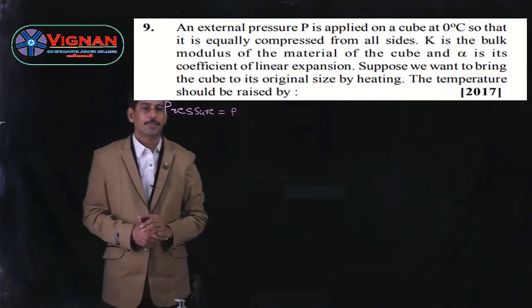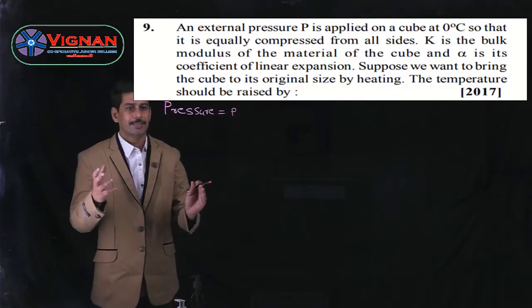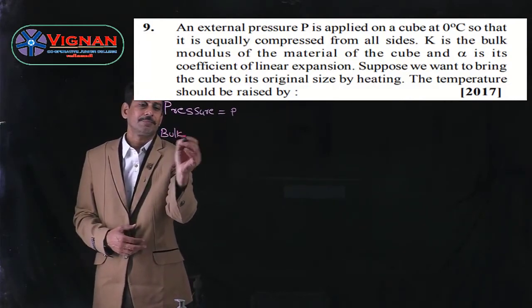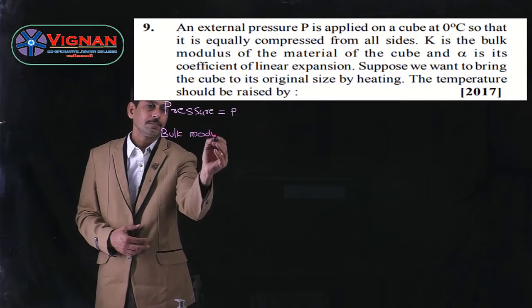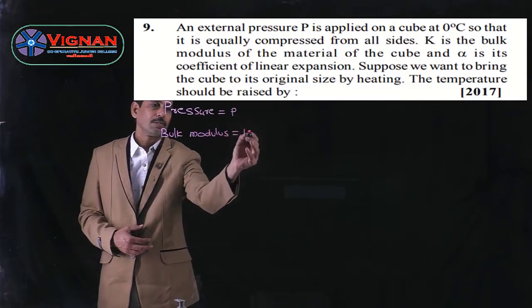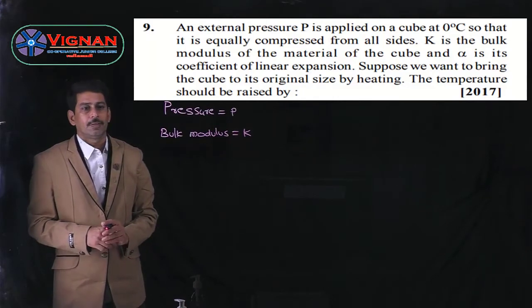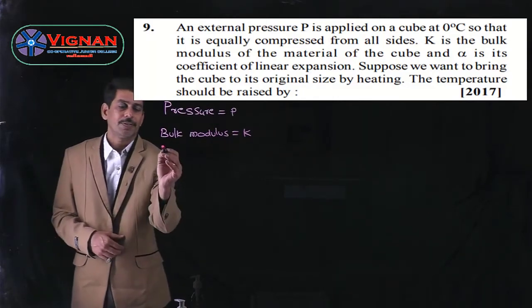And the cube is at temperature 0 degree centigrade, so that it is equally compressed from all sides. K is the bulk modulus and alpha is the coefficient of linear expansion.